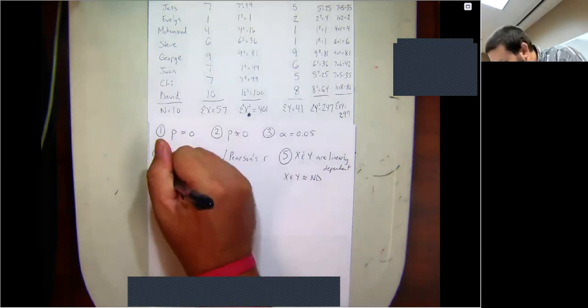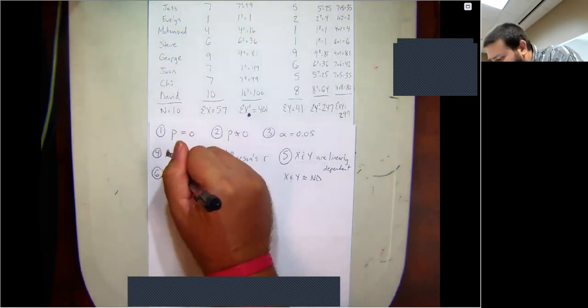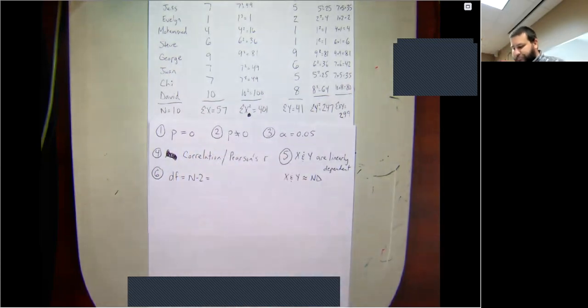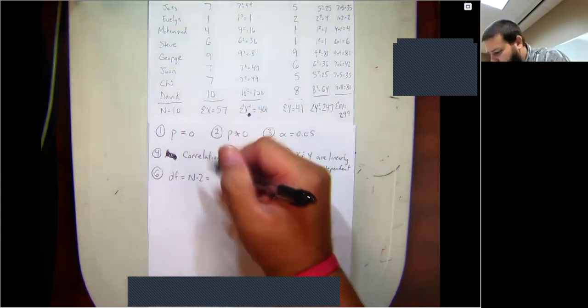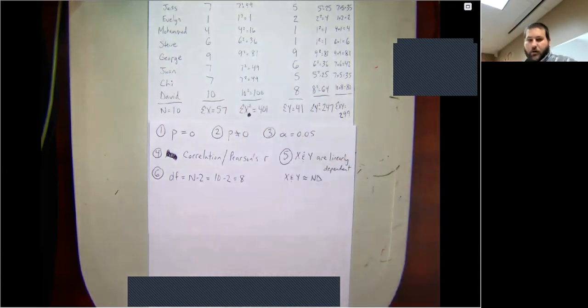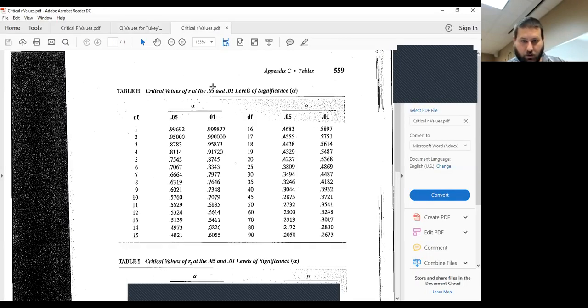Step 6 is find your critical value and state your decision rule. The degrees of freedom for a correlation is n-2. So our n was 10 people, right? We can pull that from up here. 10 minus 2 is 8 degrees of freedom. Now, your r table in the back of the book is critical r tables, table H, page 559.